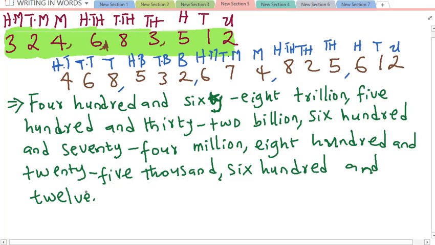So all you just have to do is study the number carefully, and then make sure you put the proper place of that number. You understand?